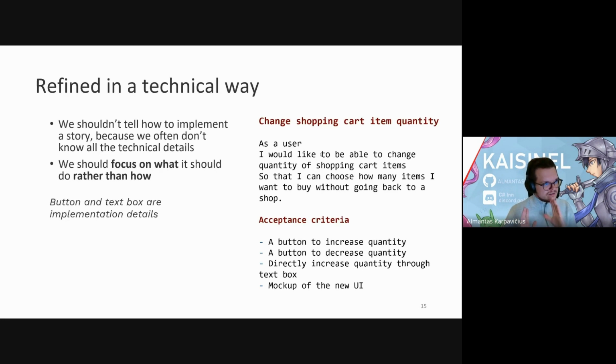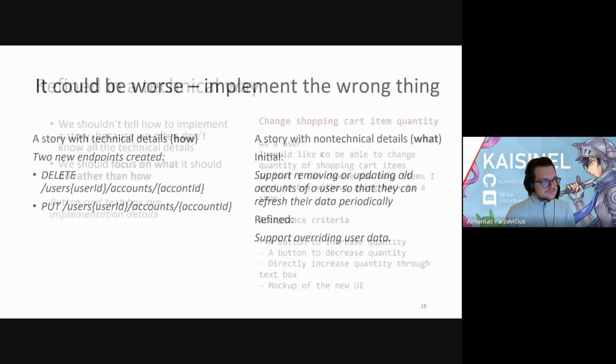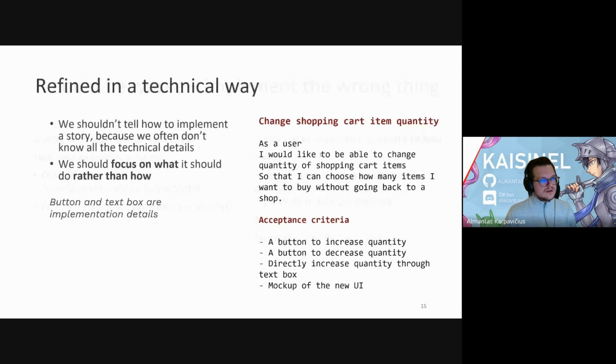But anyways, technically refined user stories are not ideal because you may be doing the wrong thing. For example, in this case there are two buttons in your acceptance criteria.